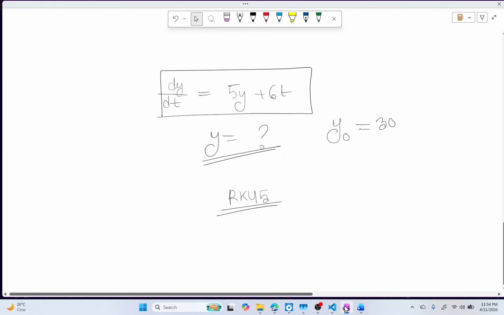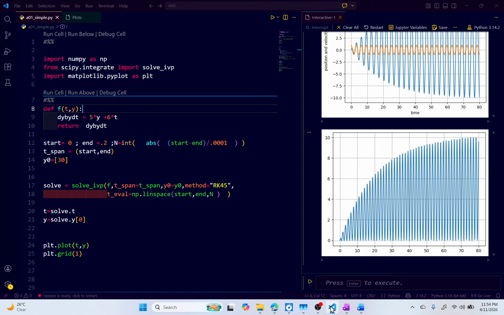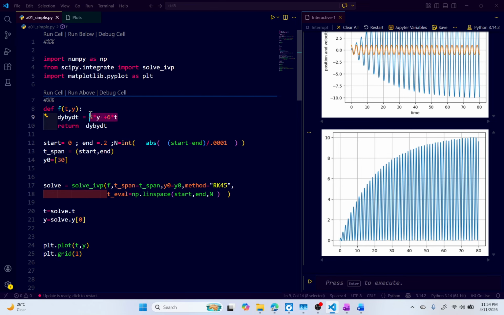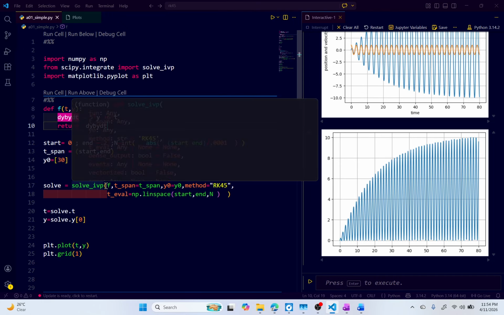This part is f, and it is a function of t and y. It takes t and y, finds dy by dt, which is 5y plus 60, and returns that dy by dt to solve_ivp.